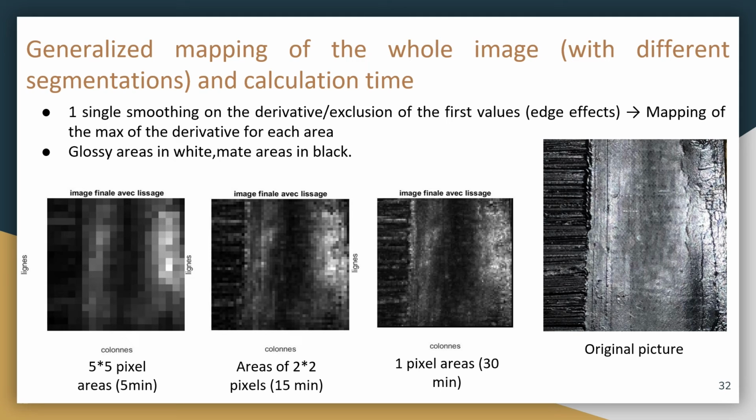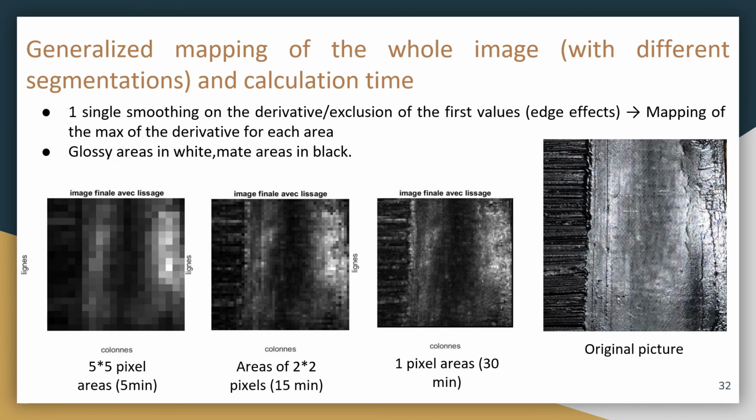The smaller the convolution kernel is, the longer the calculation time. For example, when we use a really large kernel, which is 5 by 5 pixels here, the result is obtained in 5 minutes. But if we use a convolution kernel of 1 pixel, it took 30 minutes.